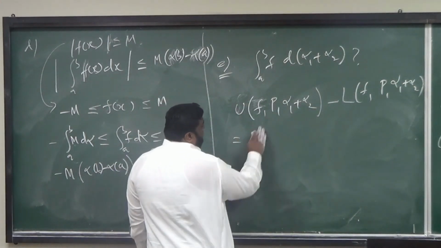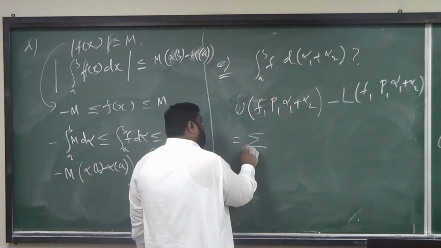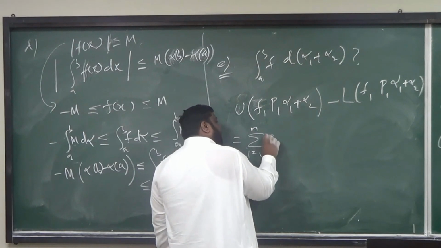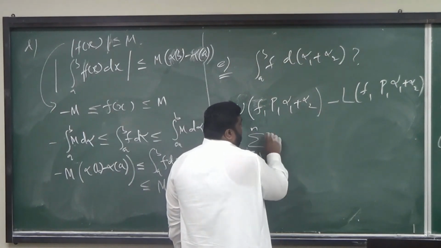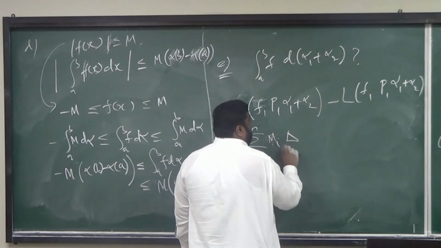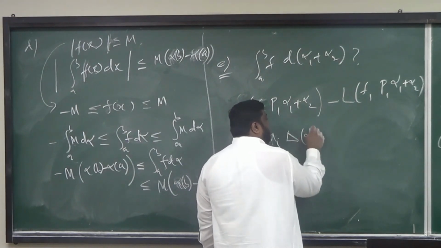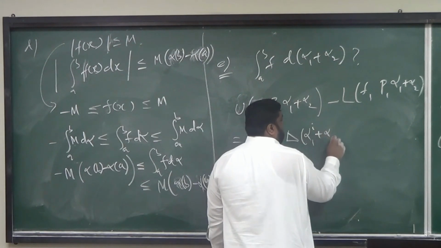But this would be what? This would be the sum over i equal to 1 to n of M_i minus m_i times delta of (alpha 1 plus alpha 2)_i, so it's like alpha 1 plus alpha 2.